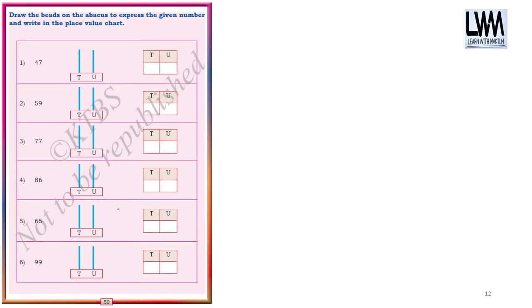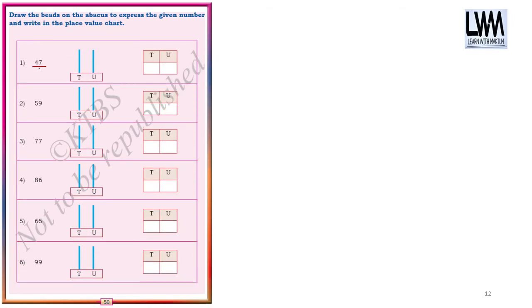Okay. So now let us try to arrange the beads in tens and units place according to the given number. So 47 is the number, kids. Now, in which place am I going to write 4 and 7?